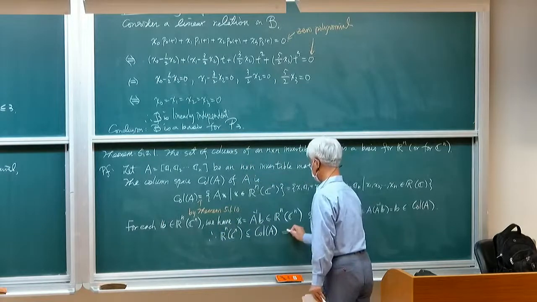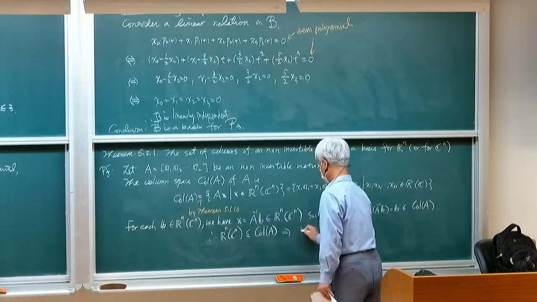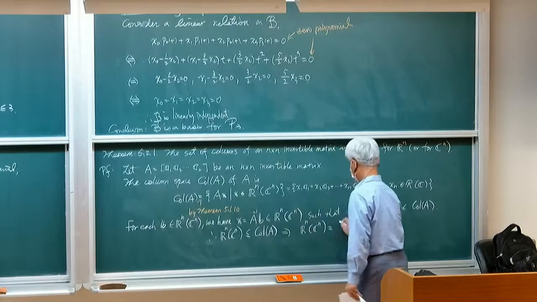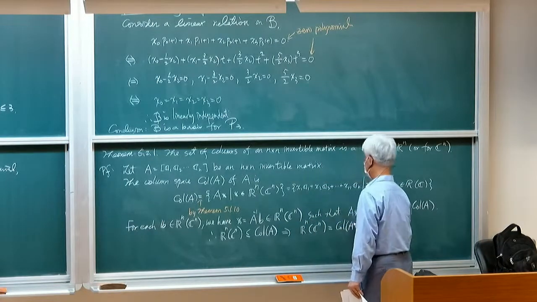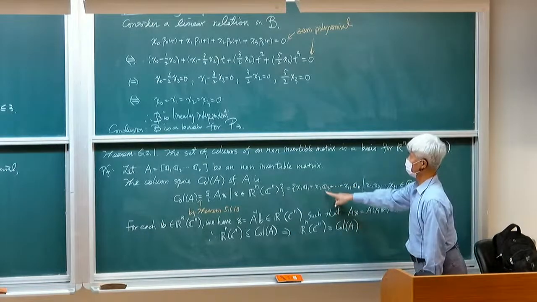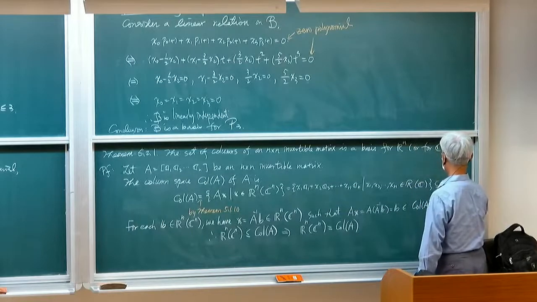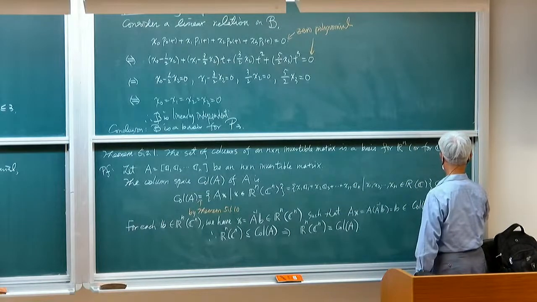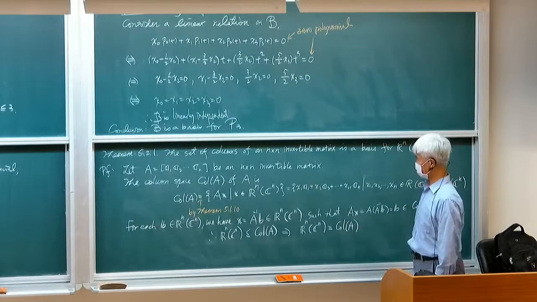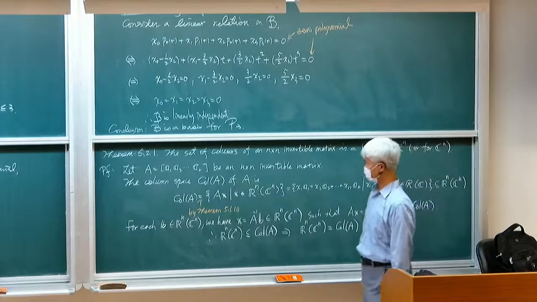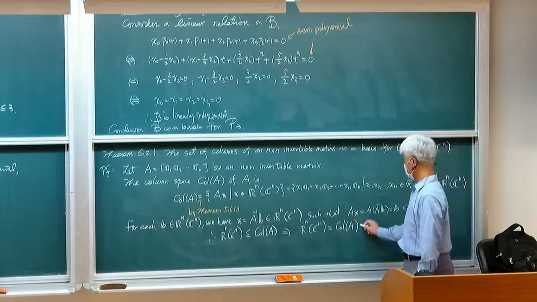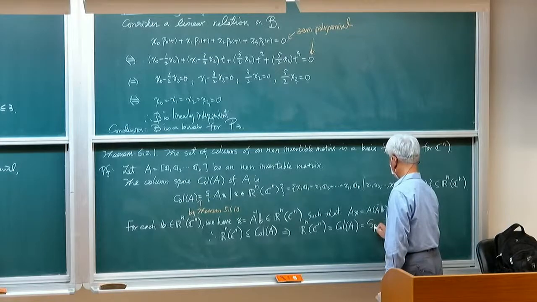Okay, so this implies that R^n or C^n is just equal to the column space of A, because the column space of A must be a subset of R^n or C^n. So they are equal. And so this is actually the span.